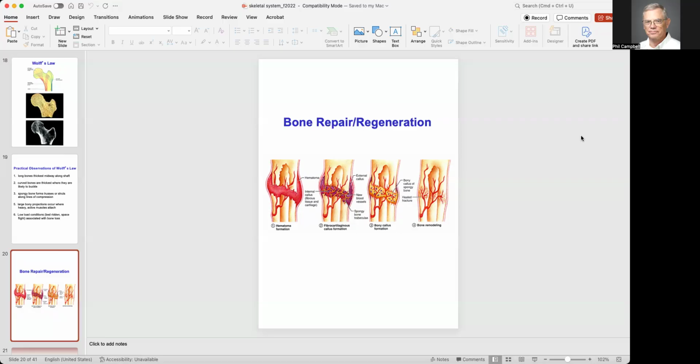Well, stop. Let's define the difference between repair and regeneration. They're related, but they're not the same thing. Repair is such that you will recover function, but not form. So think about your skin.